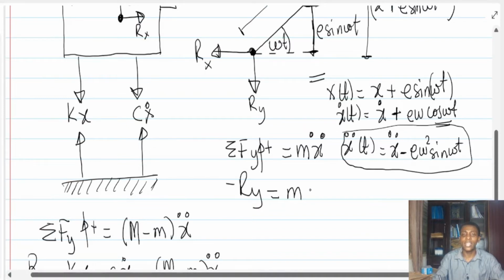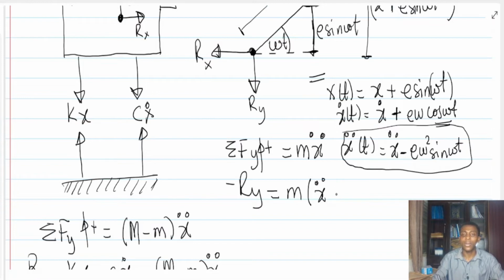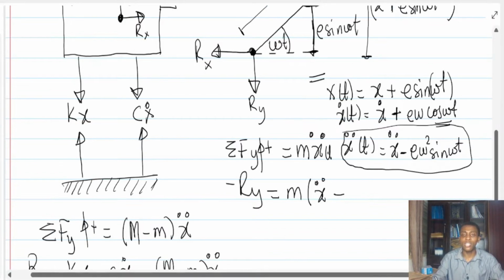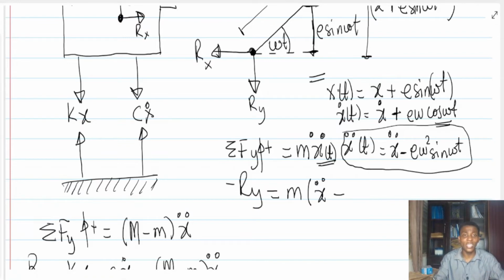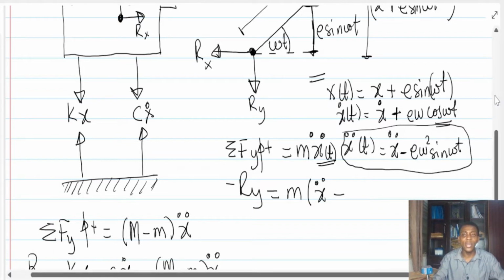Therefore, I can rewrite this as m multiplied by x dot dot minus, so in fact, this x dot dot that you see here is the double derivative of the total, okay? Don't be confused. Someone will ask, but there's x here and there's also x here. This x here is the total displacement, but this x here is due to only the big mass, and this displacement is due to the small mass. That's why we have added them together.